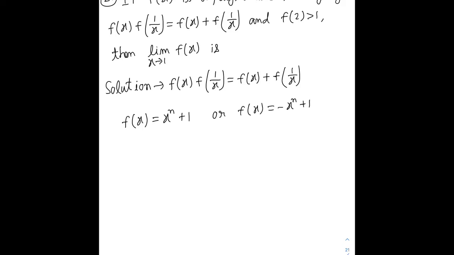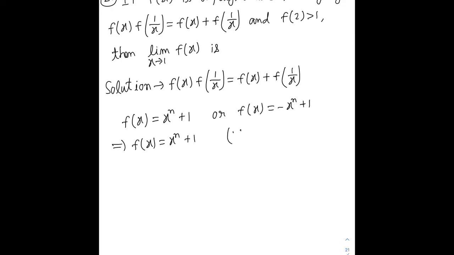Okay, next we have to check, here it is given f of 2 is greater than 1. So f of 2 greater than 1 would be possible only if f of x is x to power n plus 1. Is it clear? Because if you put x equal to 2 in the other one, you will get minus 2 power n plus 1, which is lesser than 1. So we are getting f of x equal to x to power n plus 1.